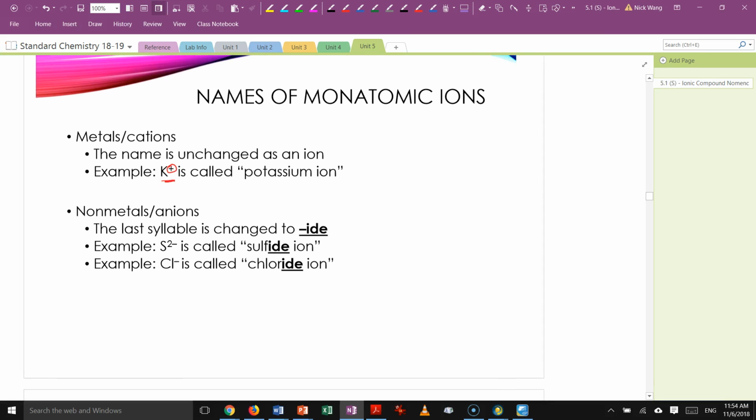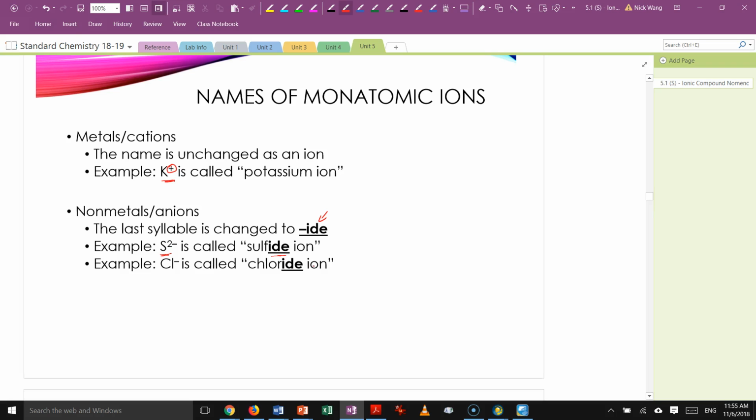When it comes to non-metals, that changes a little bit. The last syllable we typically change to an -ide ending. That -ide ending is vital. This is not something you should casually brush off; I want you to recognize that this ending is important to the identity. For example, S with a -2 charge, we just call the sulfide ion. Notice we don't really care that it has a 2 negative there; it's just the fact that it's negative, and we know it's a sulfide ion. We'll talk more about that relationship later on.